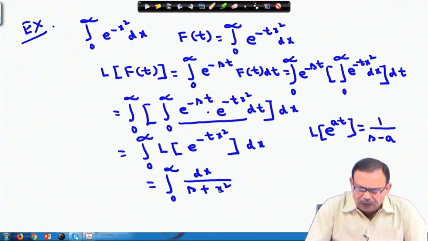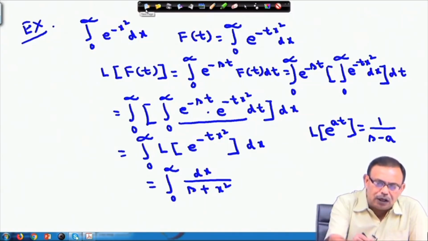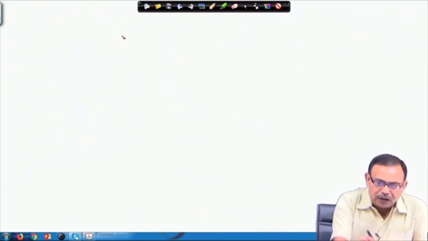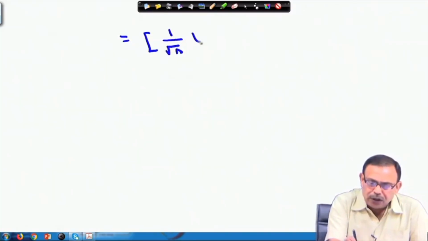And I know the integration of this, in the form dx by x square plus a square where a is root s, is 1 by root s tan inverse of x by root s.